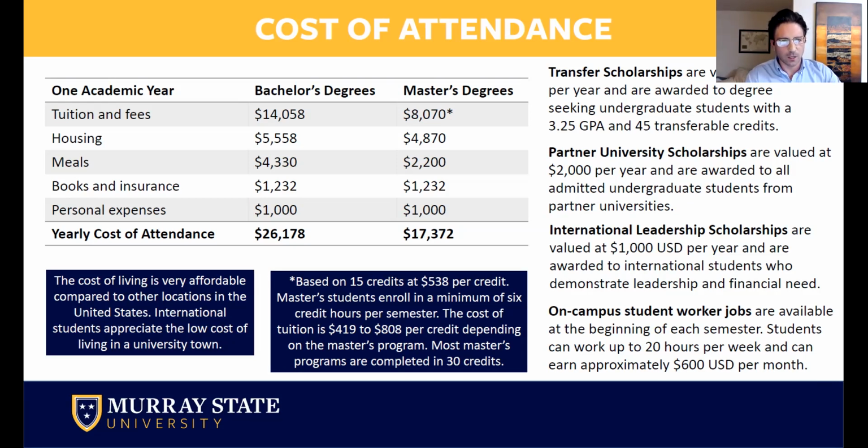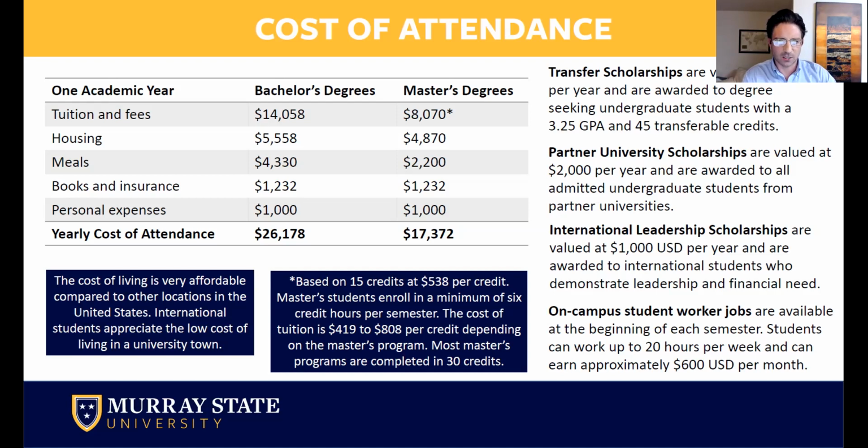And so the cost of living here is very low. If you live in a big city in the United States, it's very expensive to rent an apartment, food, everything is very expensive there. But here where we are, we have the same facilities, the same roads, same shops, everything's basically the same, but it's much more affordable.